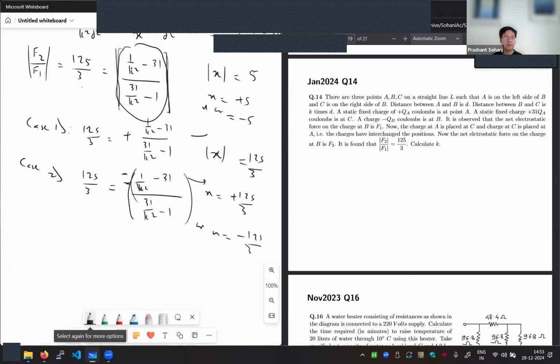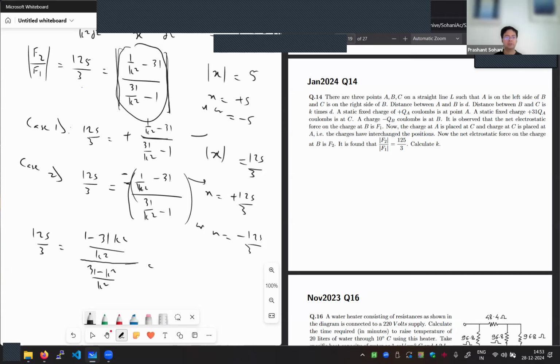So let us look at case one. So if I simplify this, 125 upon 3 is equal to, so on the right hand side, let me clear the denominators first. The numerator part, which is 1 upon k square minus 31, can be written as 1 minus 31 k square upon k square, and whole thing upon 31 minus k square upon k square.